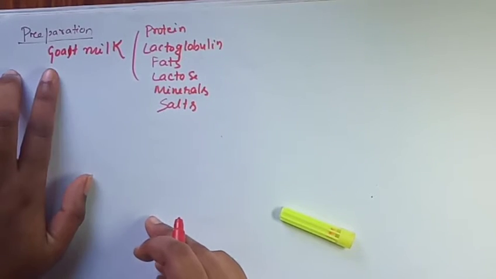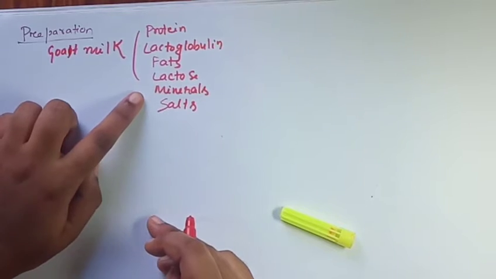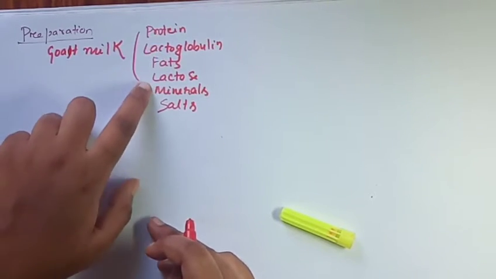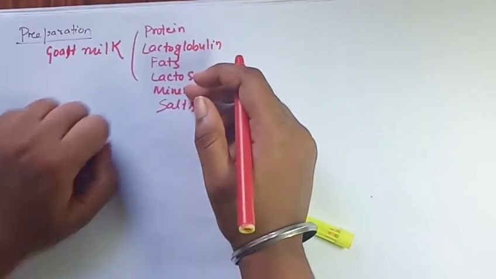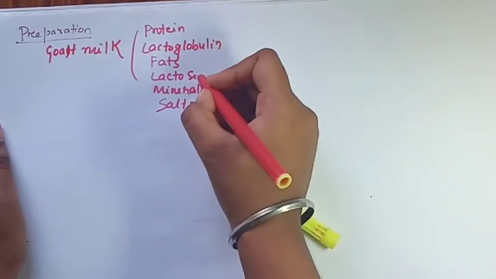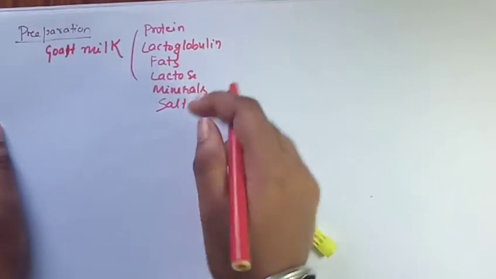When we want to produce lactose, meaning sugar of milk, we should remove all those extra factors that are not important, besides lactose.